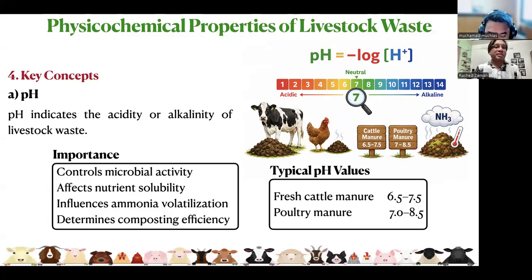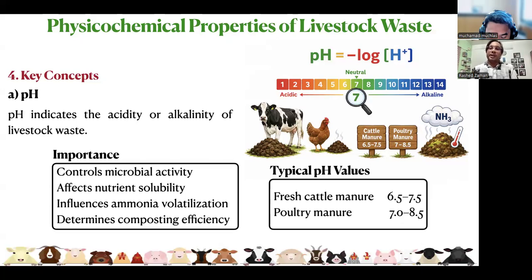It also affects the nutrient solubility. It influences ammonia volatilization. Generally, at higher pH, the conversion of ammonium to ammonia gas is also increased. It determines composting efficiency, because proper pH supports microbial decomposition and helps maintain an effective composting process.